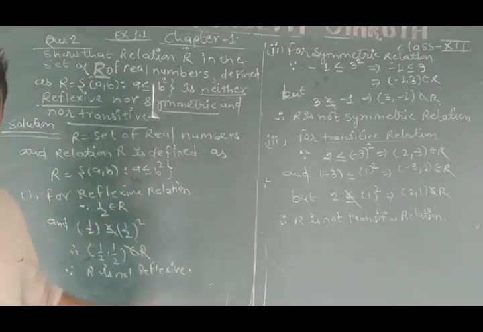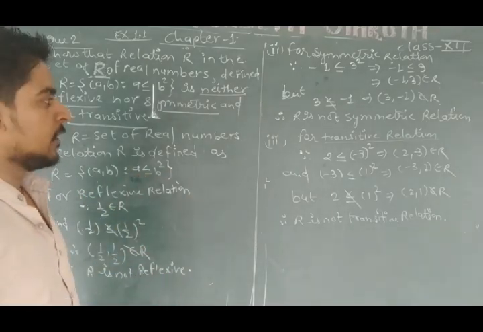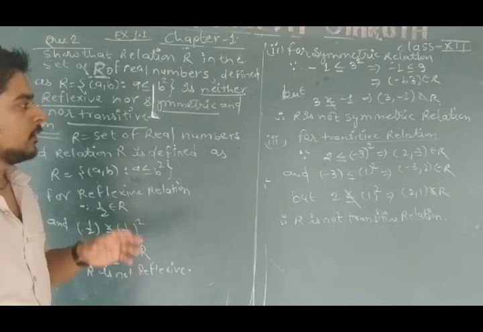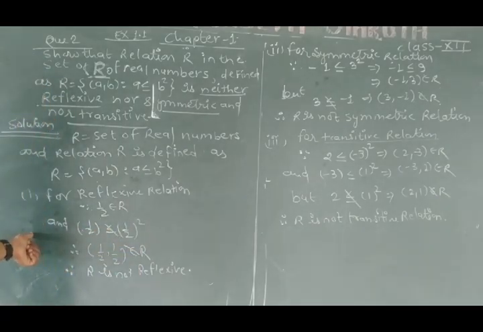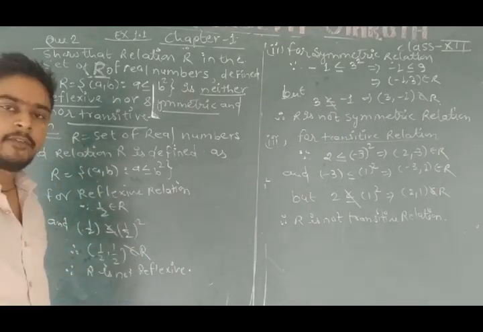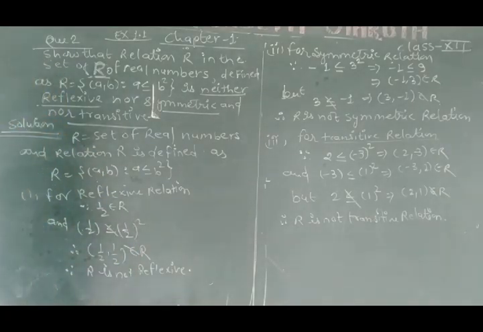By taking such elements, you can also take other elements and prove that the given relation is not reflexive, not symmetric, and not transitive by taking other values. So our question number second is finished now.